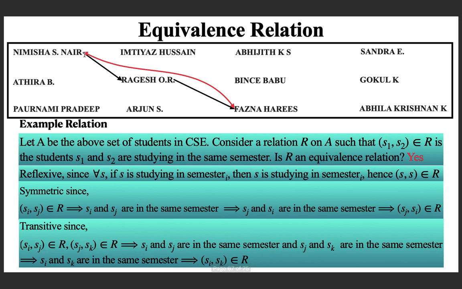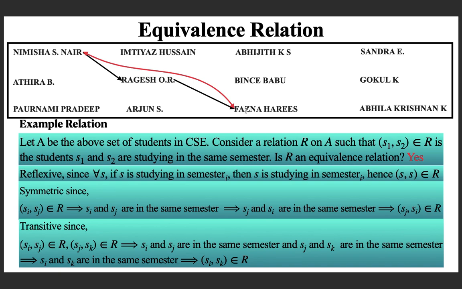Similarly, we can extend it and say that it is transitive as well. See, Nimisha S. Nair and Rajesh Awar are related because they both are in S7. So which means Rajesh Awar is in S7. Now we are given that Rajesh Awar is related to Fasna Harris, meaning Fasna Harris is in the same class as that of Rajesh Awar, so again in S7.